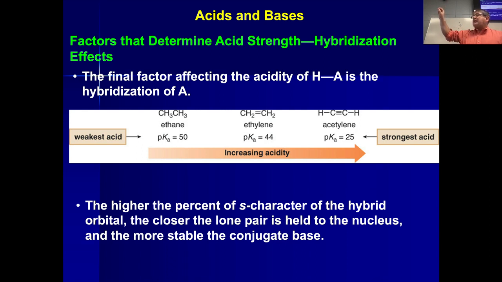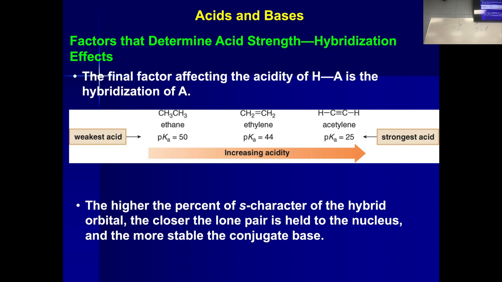That means that ethane, since it's sp3, the hybrid orbital is 25% s character. 1 s, 3 p's, that means 25%, right? Ethylene, sp2, means that the hybrid orbital is 33% s character.